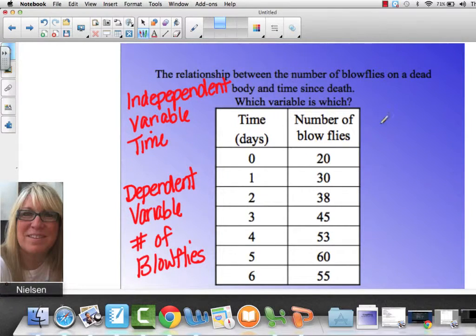Okay, so what I do want you to write down on your piece of paper is independent is plotted on the x-axis. That's the horizontal axis. And remember, it's what the experimenter changes.